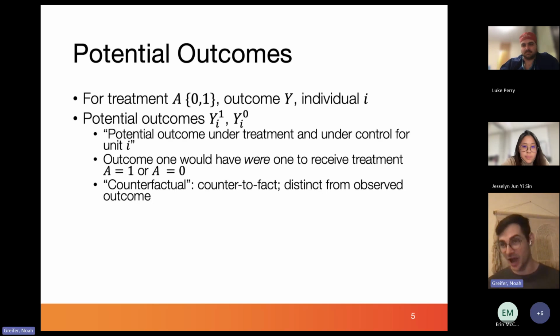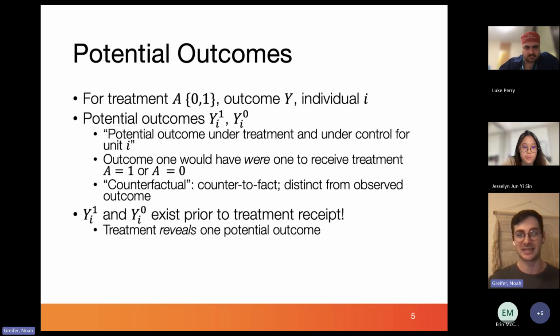It is a little bit abstract, but this does provide a mathematical foundation for causal effect estimation. An important idea is that these potential outcomes exist before the treatment is actually given to you. So again, they're within you, and we can understand treatment as revealing one of them.